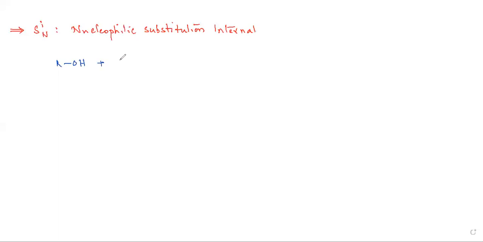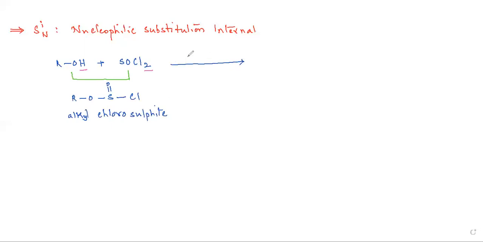See, alcohol with thionyl chloride. Let us remove an HCl. Then of course we get ROS double bond O Cl. This is called alkyl chlorosulfite.